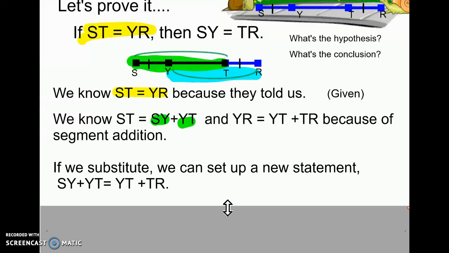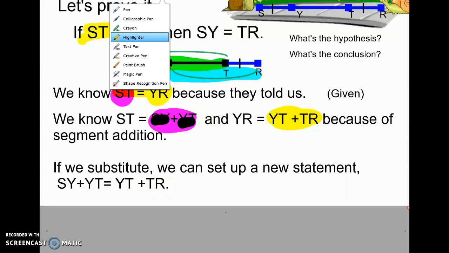So then if we substitute, we're substituting this right here for this part, and then we're substituting this part for this part. So ST is the two pieces, and YR is these two pieces.